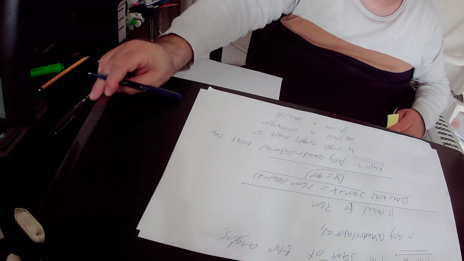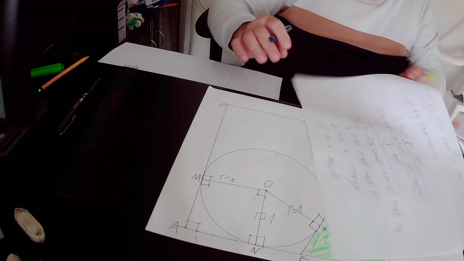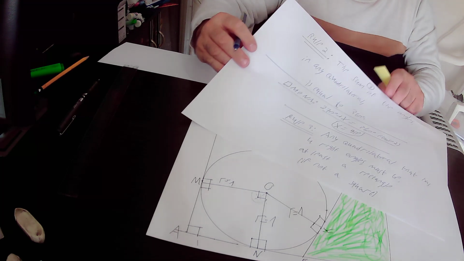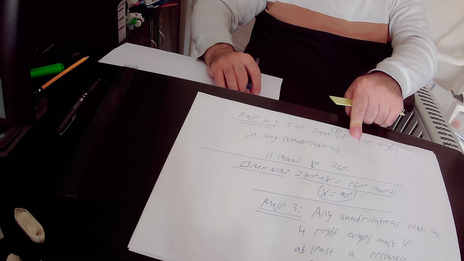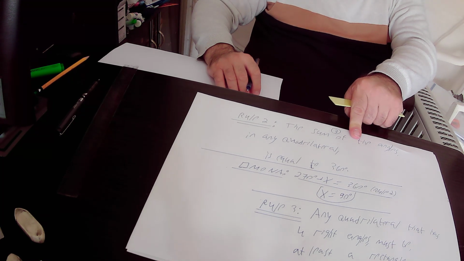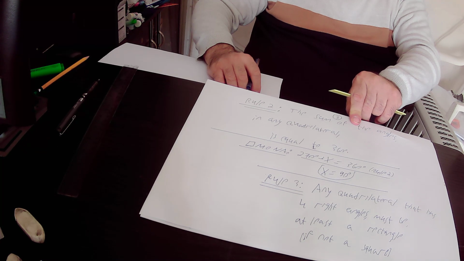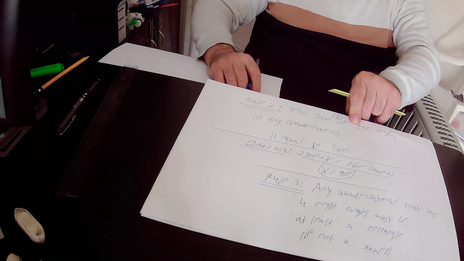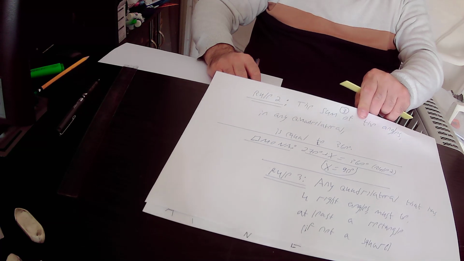So I will read rule number 3 again. According to rule number 3, any quadrilateral that has 4 right angles must be at least a rectangle, if not a square.